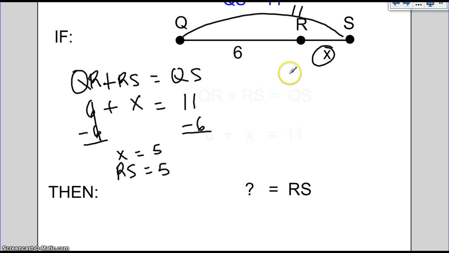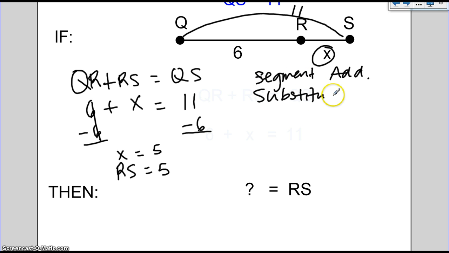Now we say, why did we do this? Well, this was segment addition postulate, right? Then we substituted. That's where we got the 6 plus x equals 11. Then we subtracted, right?